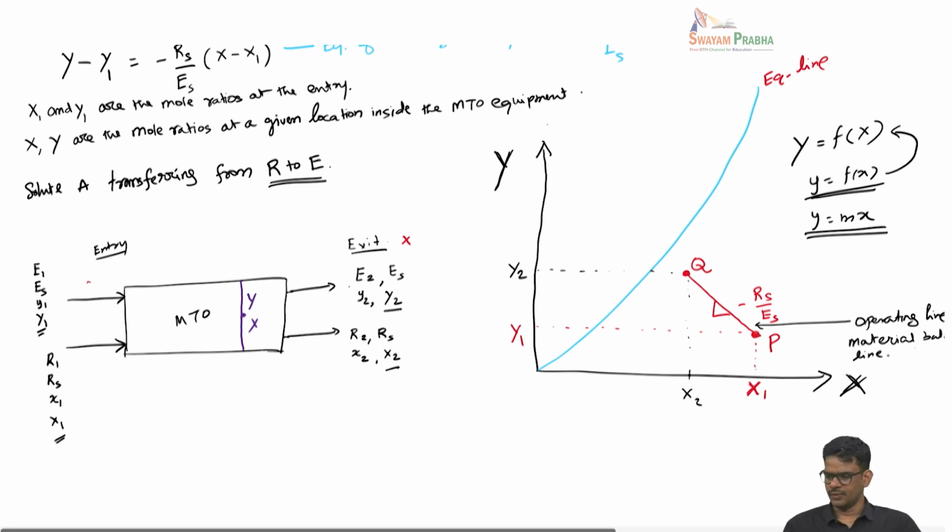Now we also want to see in this figure where the driving force lines lie. For any location on this material balance line, suppose we take point P, corresponding to those bulk concentrations there will be an equilibrium concentration. That point may be pointed out somewhere here, and I can draw a line, and this line would be the driving force line.